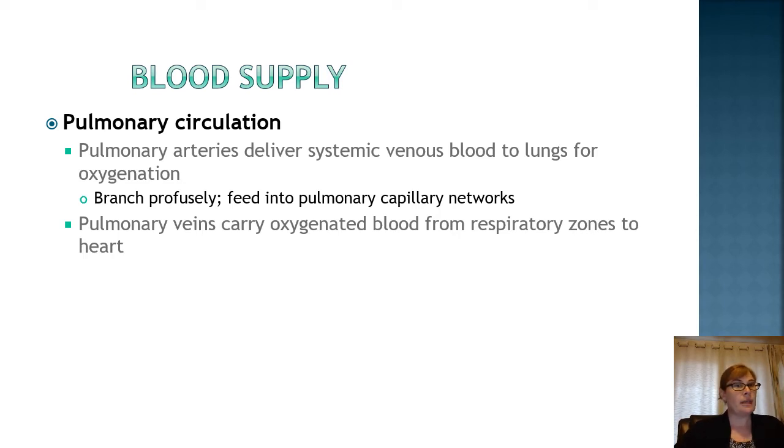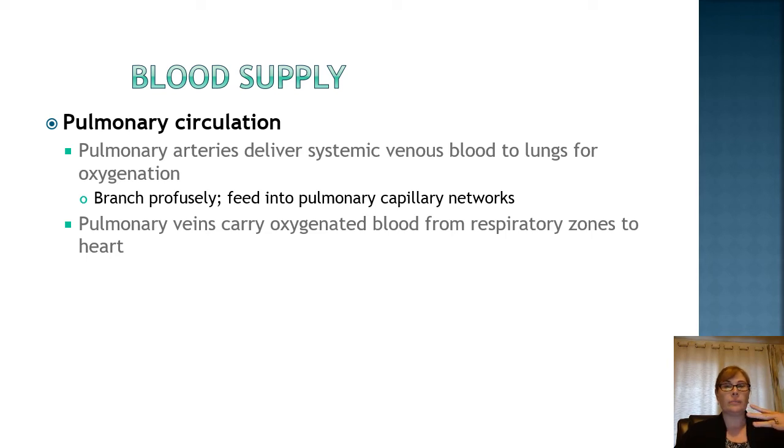Pulmonary arteries and pulmonary veins, we've already discussed. We know that the pulmonary arteries are bringing deoxygenated blood from the right side of the heart and bringing it to the lungs to be oxygenated.